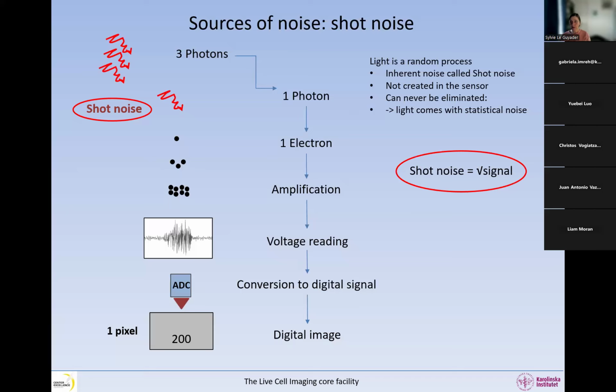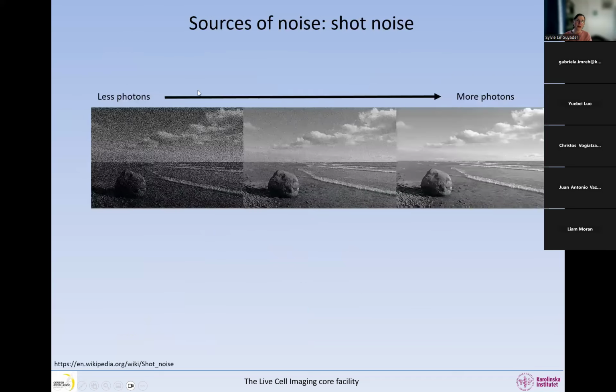However, the great thing is that the shot noise, this noise that is created by light, is the square root of the signal. What does that mean? In this image, we have fewer photons, and then we image in different conditions where we get more photons.